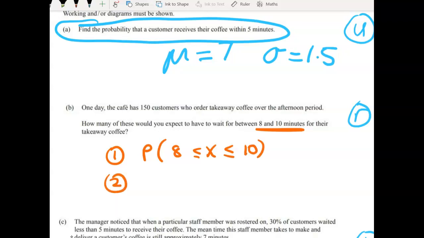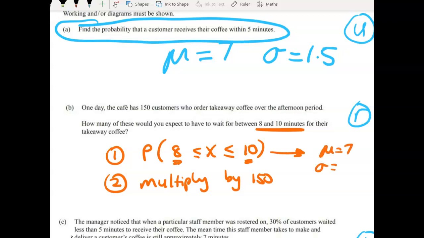And step 2 is to multiply this by 150. And if we do that, and we round that sensibly, that's going to be a merit question. So I want you to pause the video and try and do this one straight into your graphics calculator, using lower of 8, upper of 10, mu of 7, and sigma of 1.5.